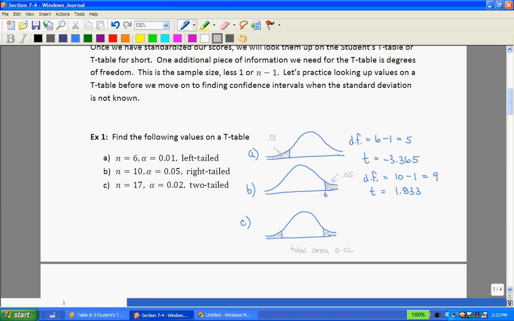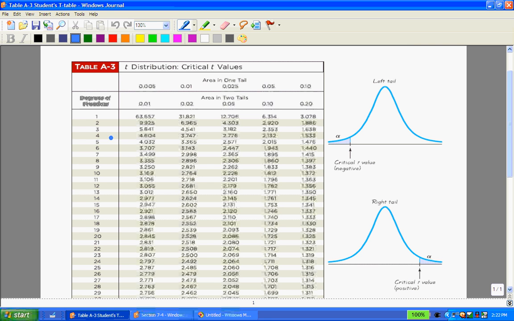So the total area is 0.02 if I'm talking about both tails, or if I'm talking about a single tail, 0.01. But just like before, we still need our degrees of freedom, which will be 17 minus 1, or 16. So here on our table, I'll go down to 16. And area in two tails, notice how area in two tails is exactly the same as area in one tail, 0.01.